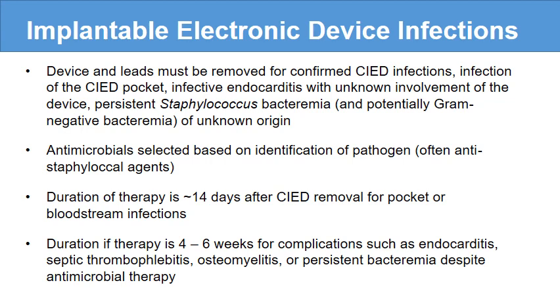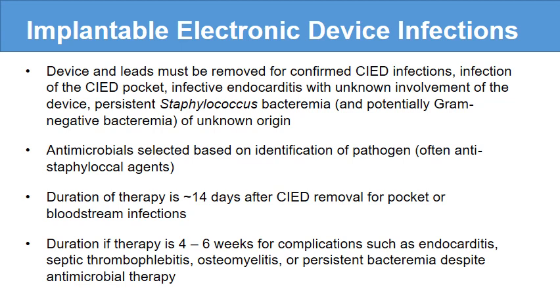If it is confirmed that the device itself is involved in the infection, then you must remove the device and the leads typically. If the patient has infective endocarditis or a valve that's involved in some type of infectious process, the leads from the pacemaker are extended into the heart.